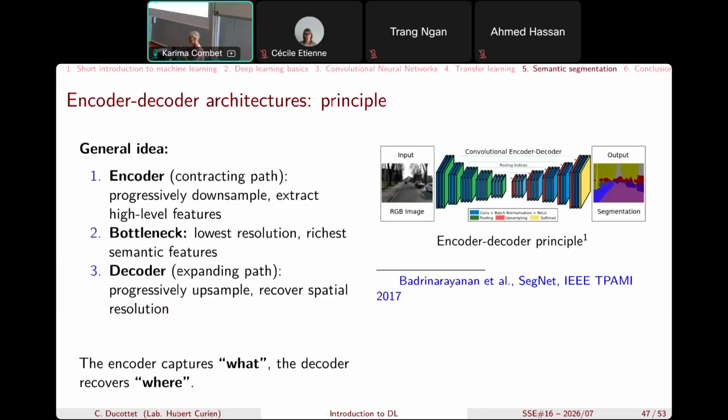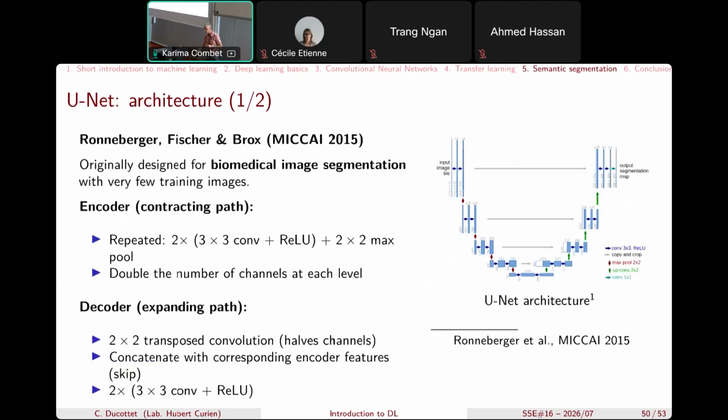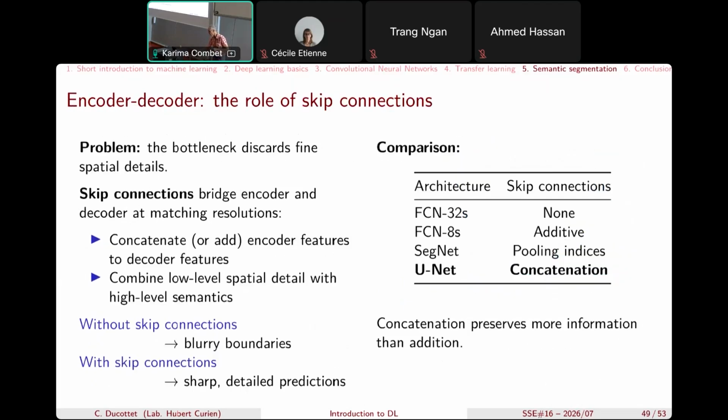The problem is that we will have a kind of pixelization, because in fact we don't have details anymore. If we start from very low resolution and we want to recover high resolution, it will be very difficult. So the trick is to use what are called skip connections. Skip connections are some shortcuts between the encoder and the decoder.